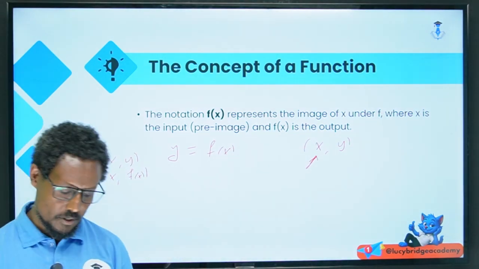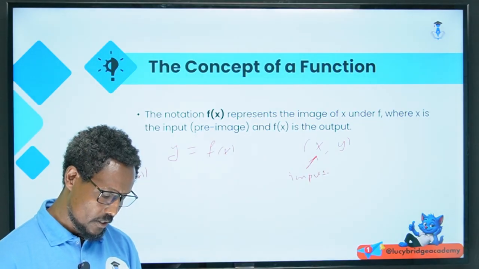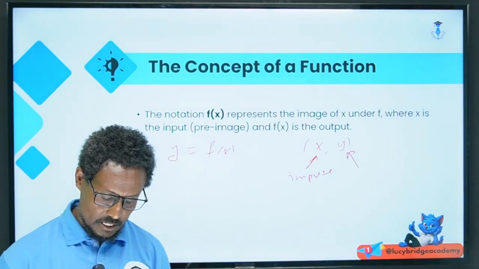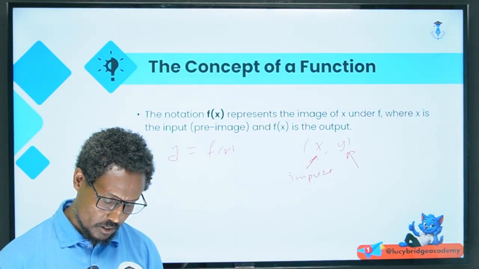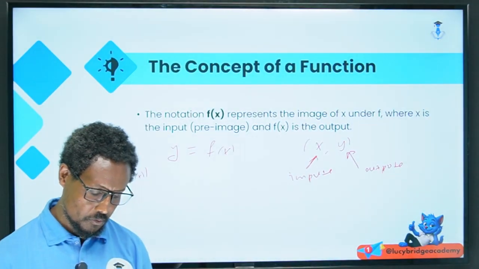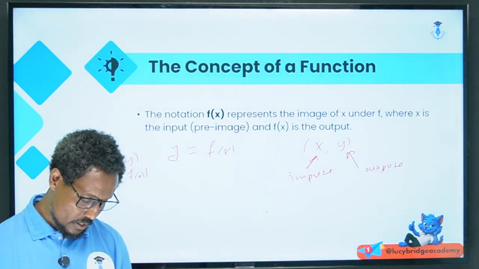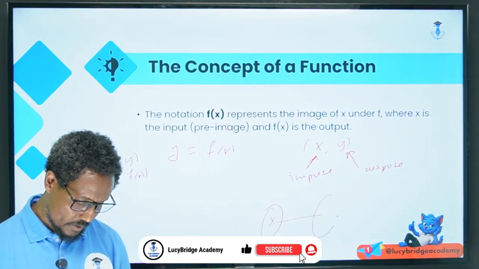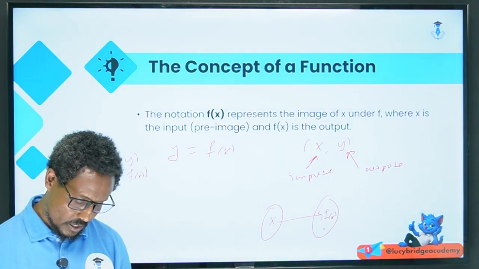Abscissa means input, okay, and y, the ordinate or second component, is output. Okay, input and output. So a function f is from x to what? From x to f of x, okay, or f of x means y.